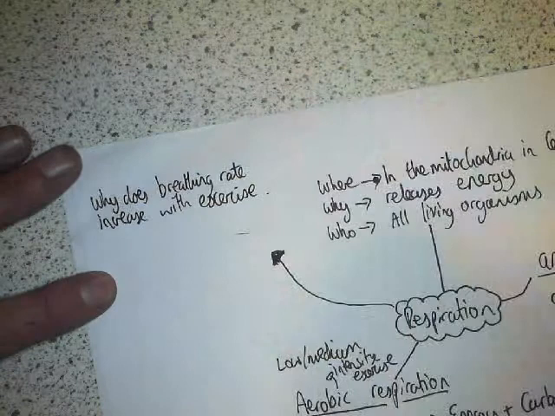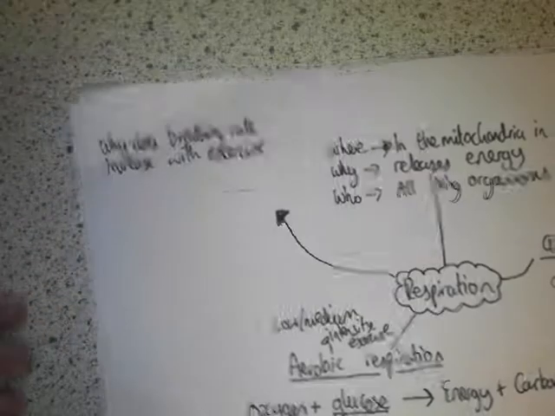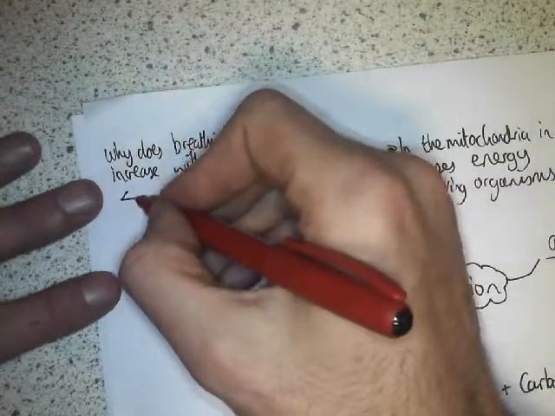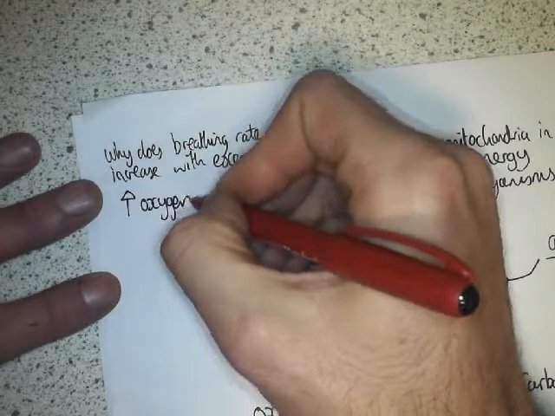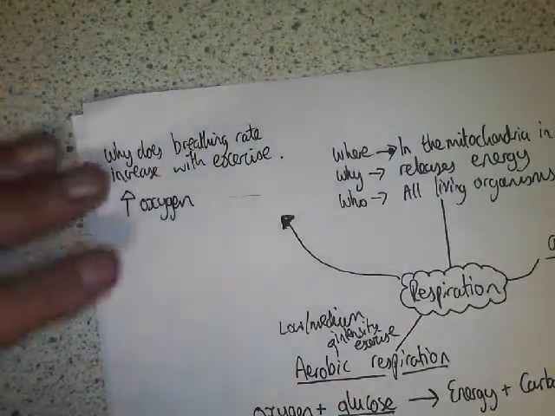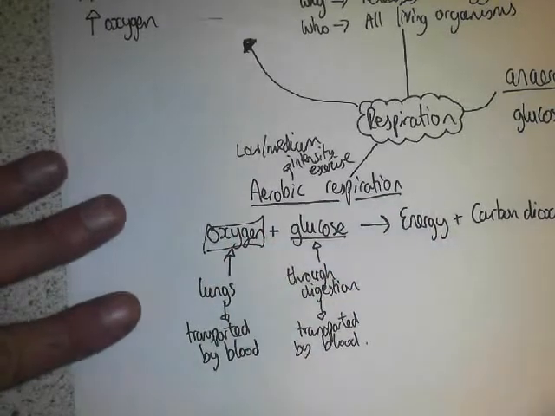So if I'm breathing more, I'm going to be getting more oxygen into my body. So I'm going to get an increase of oxygen. So how's that going to help me? If I get an increase in oxygen, then I can get more energy made or released.